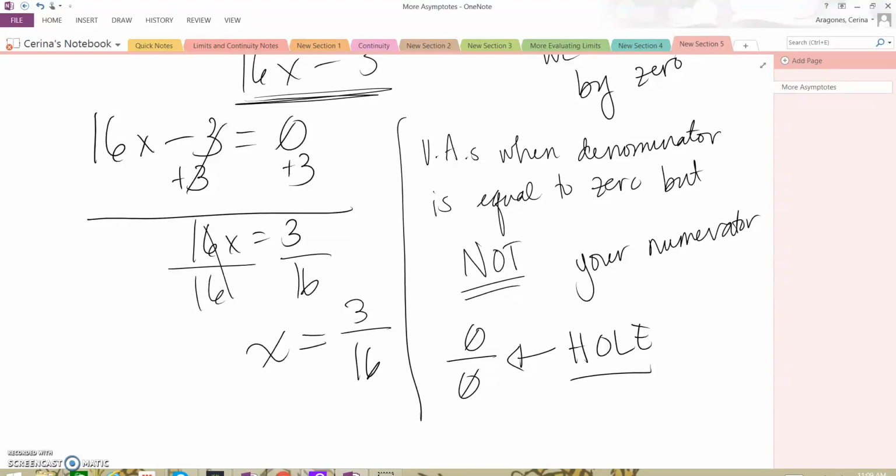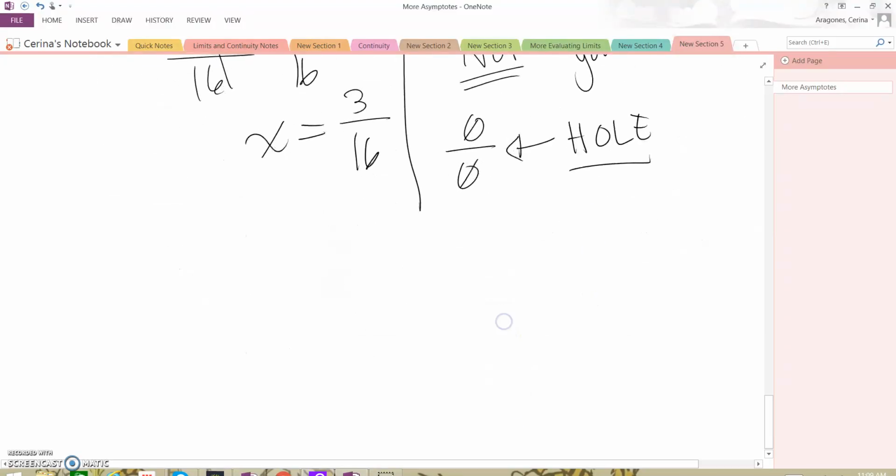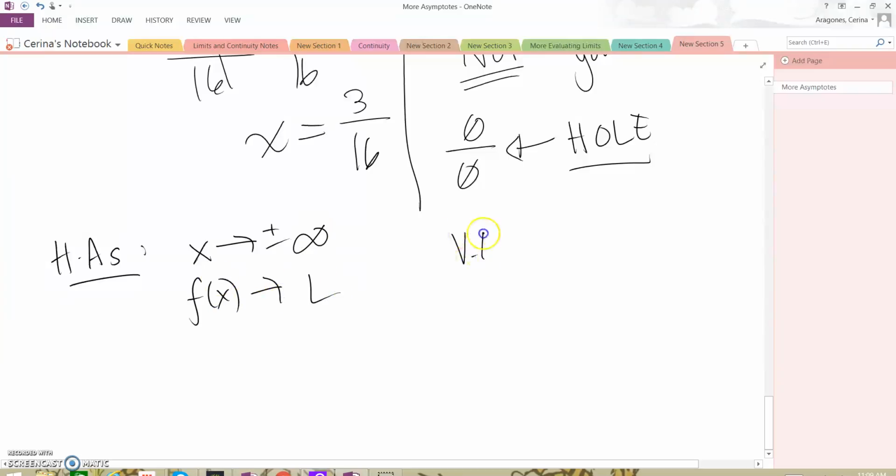Now, how are these things related to limits then? So essentially, horizontal asymptotes are happening when x is approaching plus or minus infinity, f of x approaches some value. Vertical asymptotes are when x is approaching some value, f of x approaches plus or minus infinity.